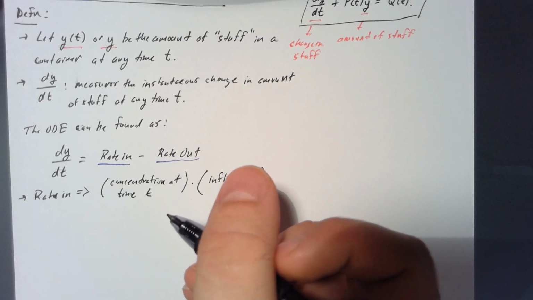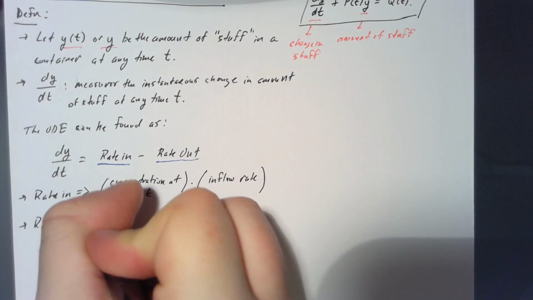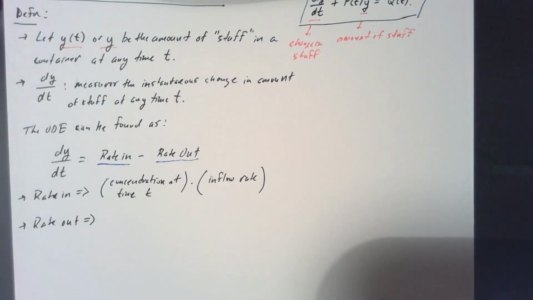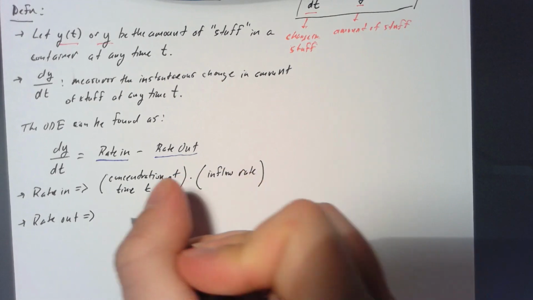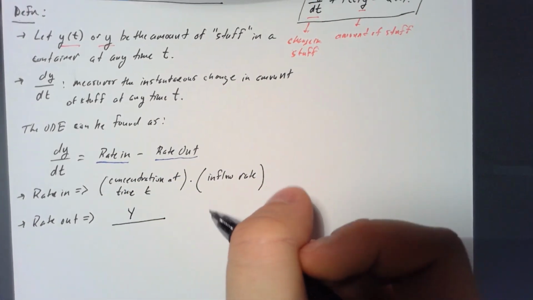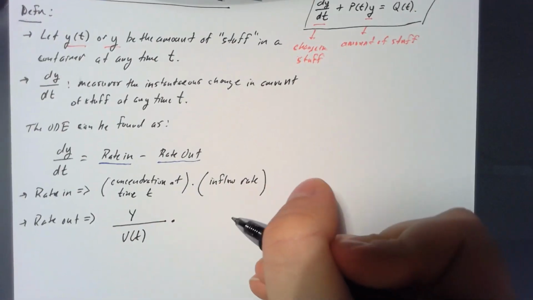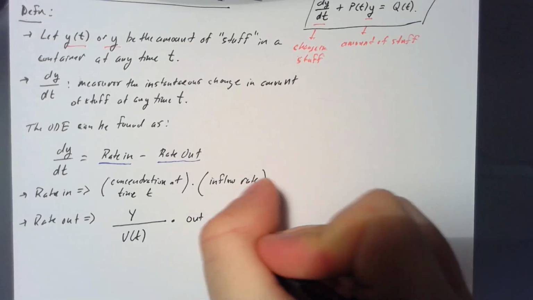The rate out is a little more sophisticated. It's not too bad, but there's a little bit more to it. The rate out is measured as y over v of t times the outflow rate.